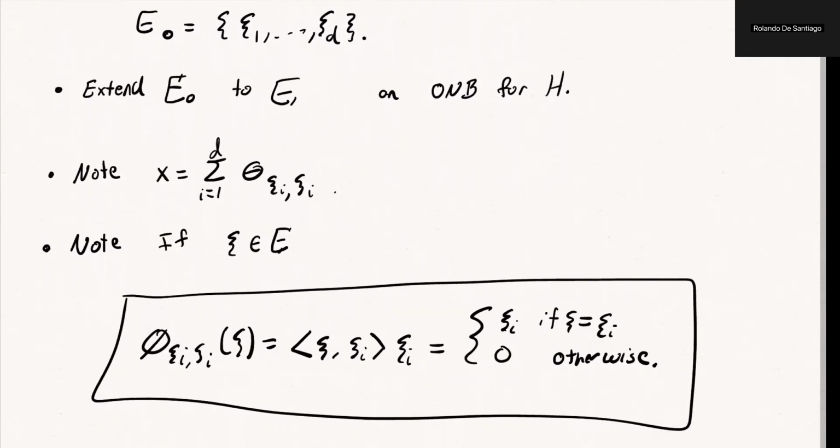If you pick a vector from this orthonormal basis for H, let's just apply one of these rank 1 operators. A short calculation will show you that either you are going to get e_i back, and that's going to happen exactly when the input is e_i, or it's going to be 0 otherwise. So all you're really using is the orthonormal relations here.